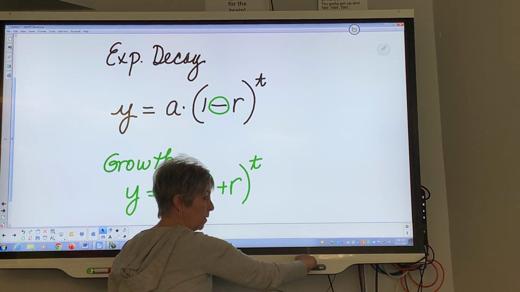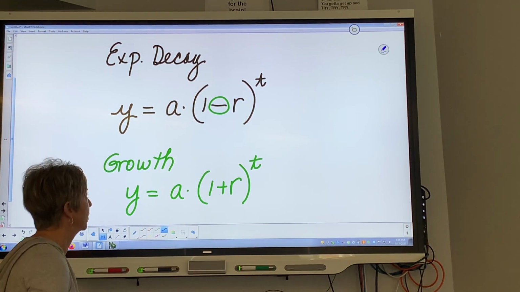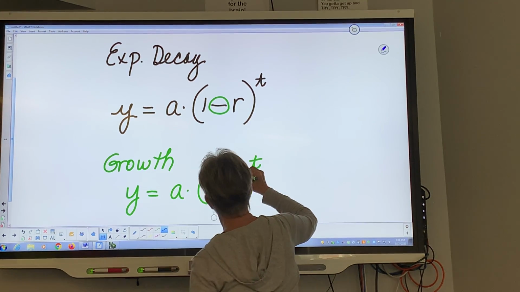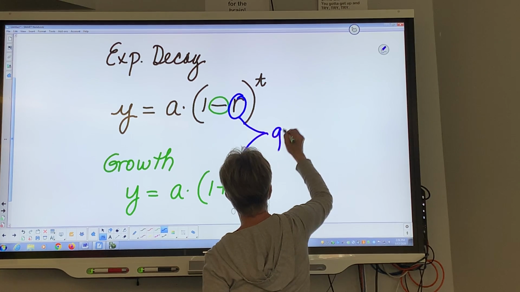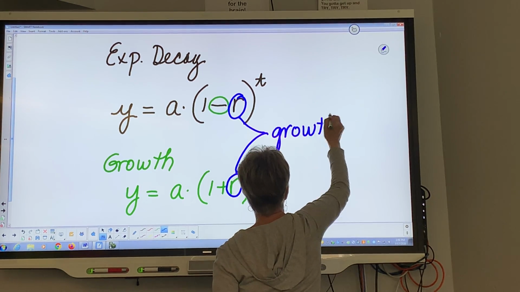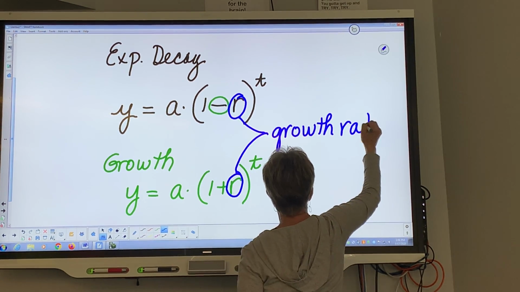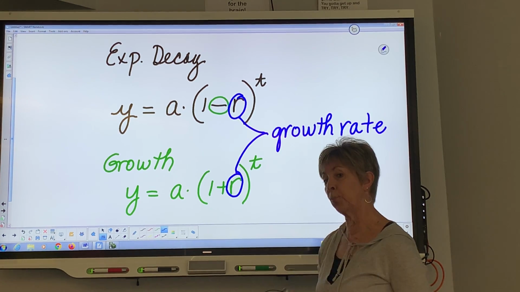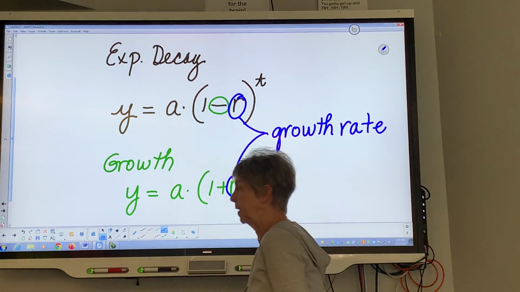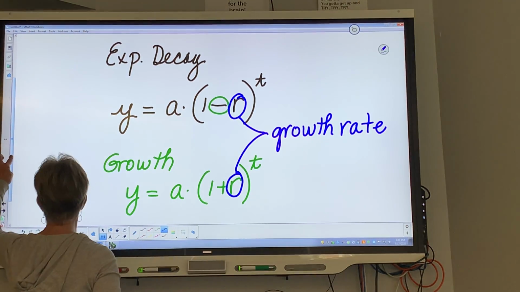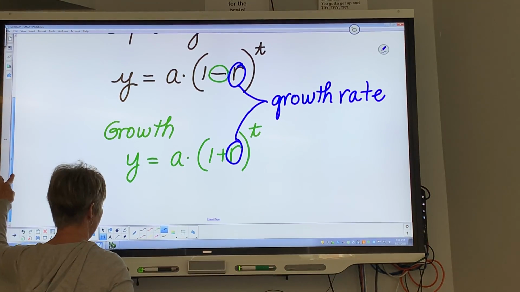Now, some important vocabulary for you. This r is called the growth rate. You're going to be asked to give the growth rate in some problems. What is the growth rate? It's simply the rate, the percent that you're gaining or losing.